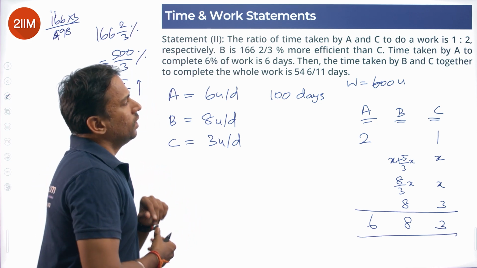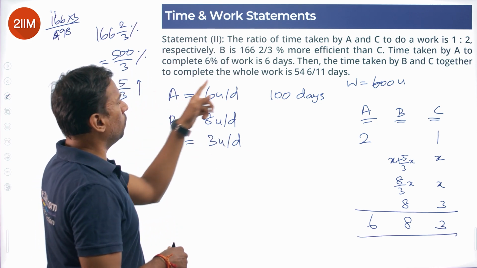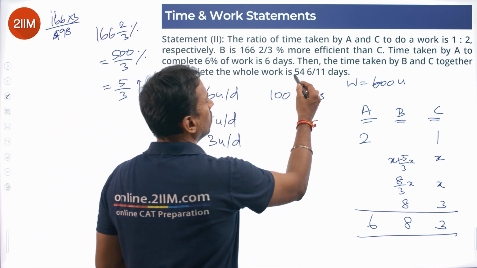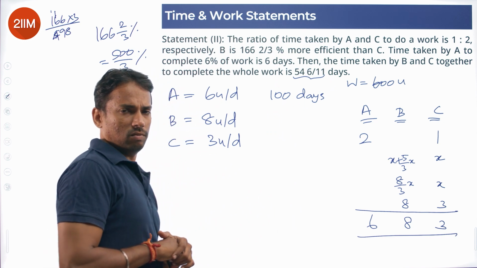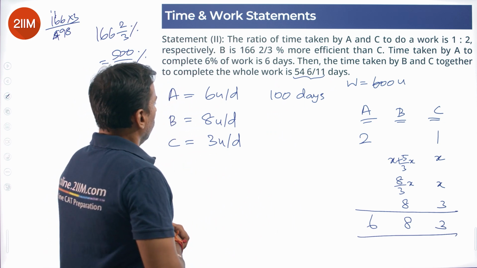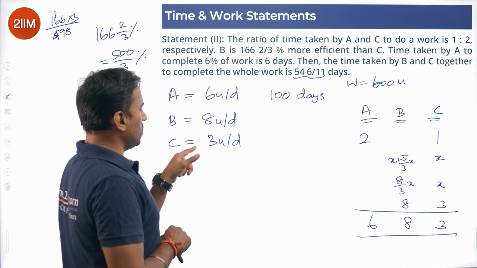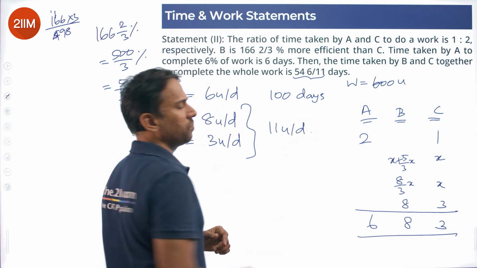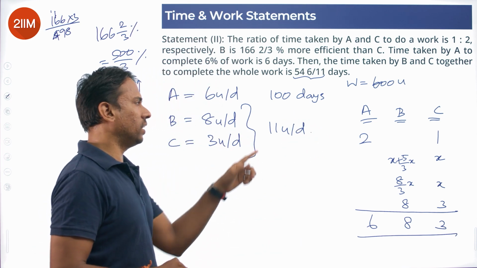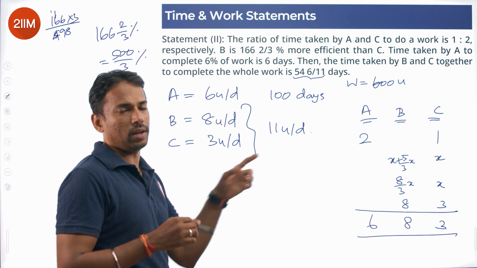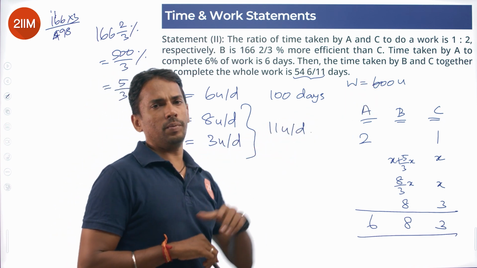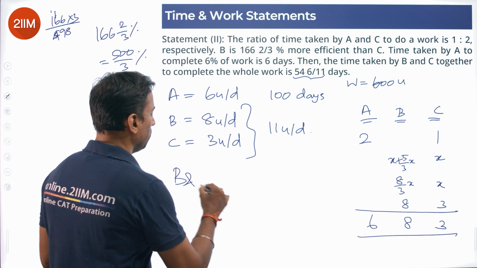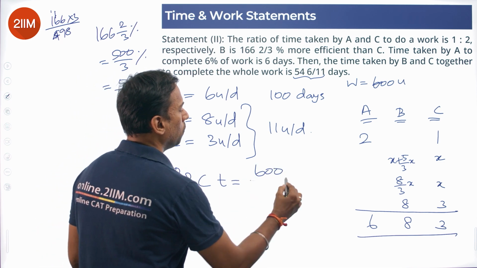Done, okay. Then the time taken by B and C together to complete the whole work will be this 54 6 by 11. It's actually a mixed fraction. 54 6 by 11. We'll check that. Now already we have B's efficiency, C's efficiency. Their combined efficiency is going to be 11 units per day. That means if these two combine and work, they will finish 11 units in 1 day. And the full work that needs to be completed is 600 units. That means B and C, the time taken will be equal to 600 by 11.